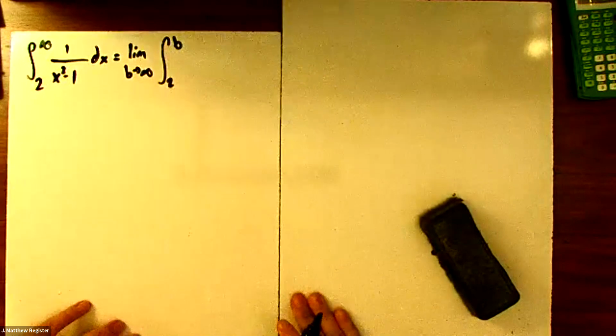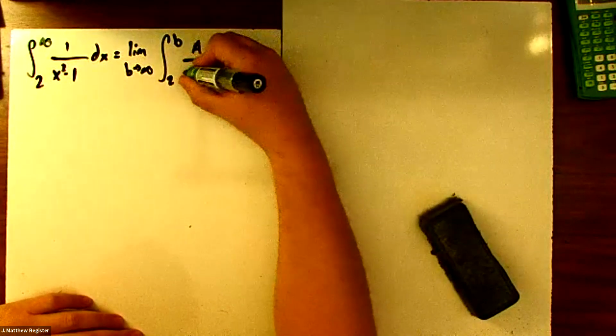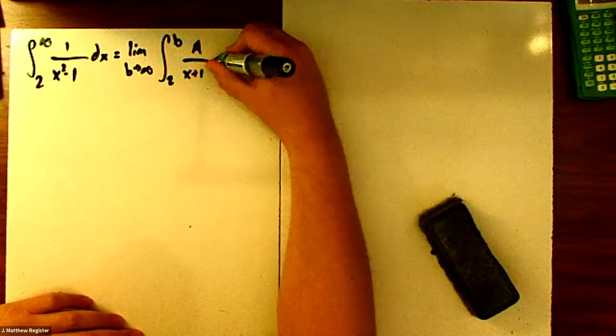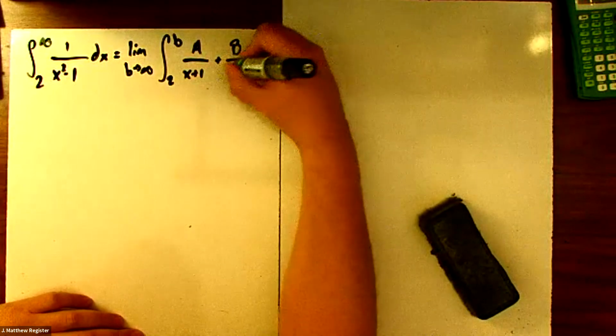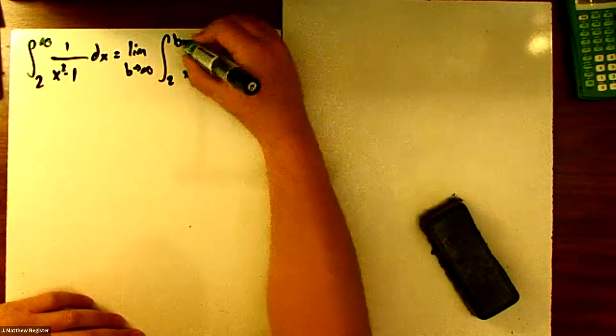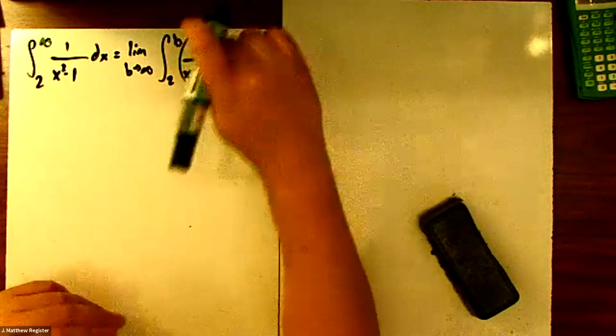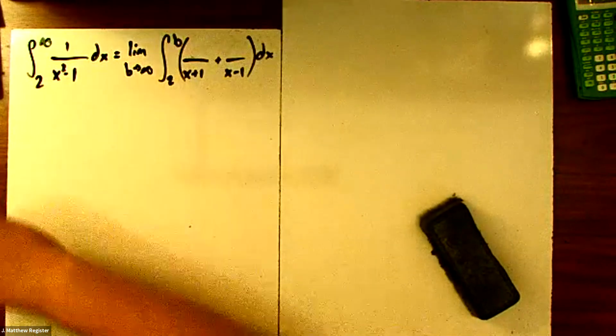And then we might as well break this up at this point so that it's A over x plus 1 plus big B over x minus 1. Maybe I'll even do that with a different color because we know that we are going to be replacing them before the end.